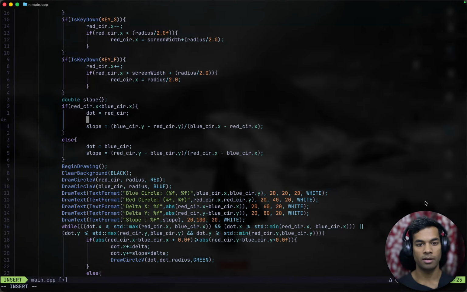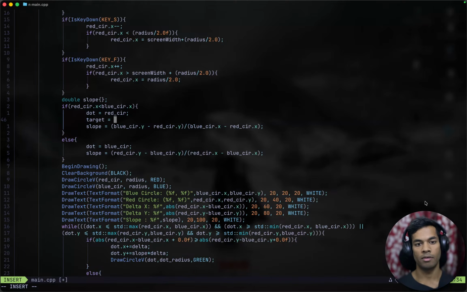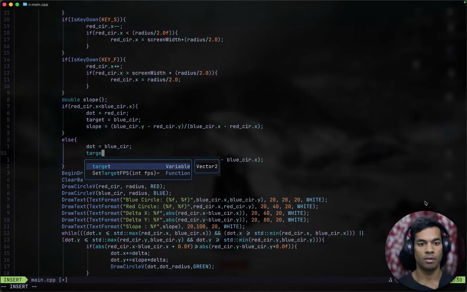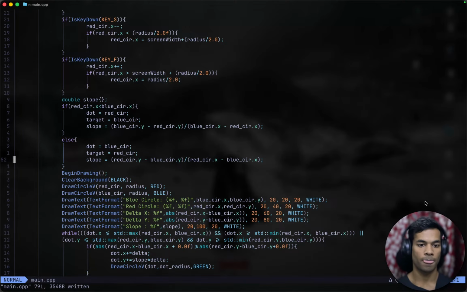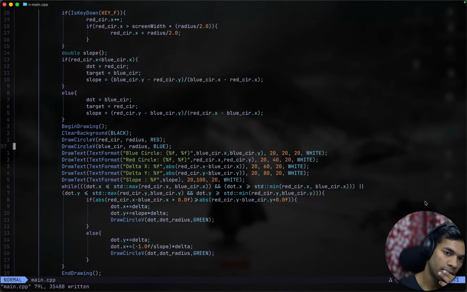Starting dot is red and target is blue circle, and here target is red circle. Right, target is blue circle and target is red circle.